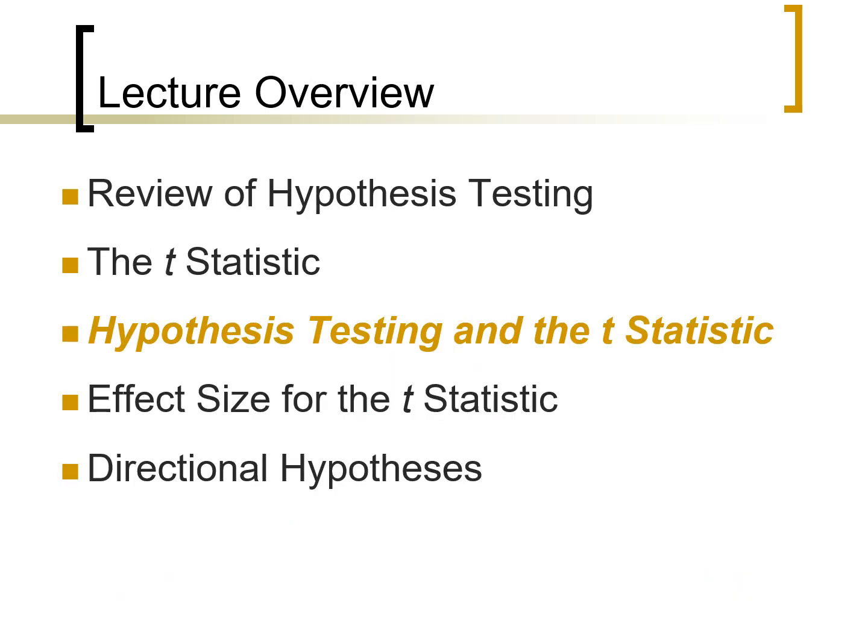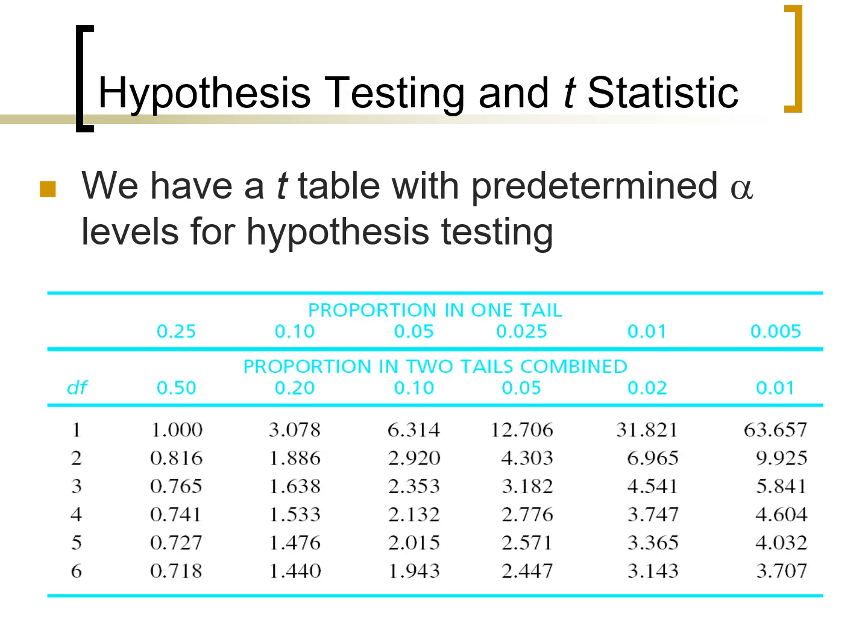So now let's look at the t-statistic in terms of how we do hypothesis testing, and we're going to find out it's pretty similar to the z-statistic that we've covered previously. Now that we're moving from the z-table that we learned the last couple discussions and hopefully got comfortable using, now we're into t-land, and because the t-distribution looks different based on the degrees of freedom, we see that the table looks different.